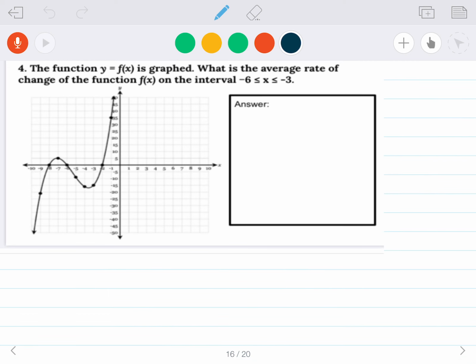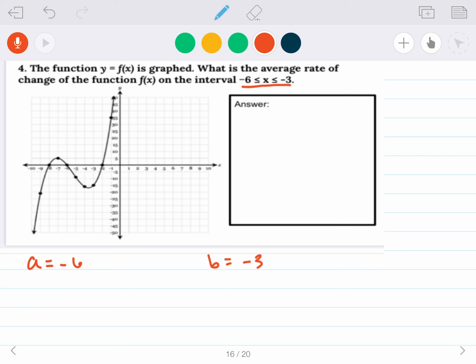Okay, so now we have a function that's graphed. It says, what is the average rate of change of this function on the interval from negative 6 to negative 3? So here we know that our starting input is negative 6 and our ending input is negative 3.